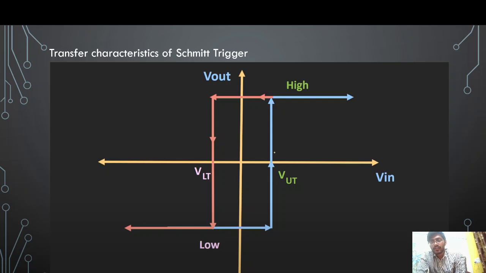This kind of transfer characteristic curve is known as a non-inverting Schmitt trigger, because here once our input signal crosses the upper threshold level, our output will become high, and when our input signal is less than the threshold, our output will become low. So we can say this transfer characteristic curve is for a non-inverting Schmitt trigger. Similarly, we can have a hysteresis curve for an inverting Schmitt trigger.